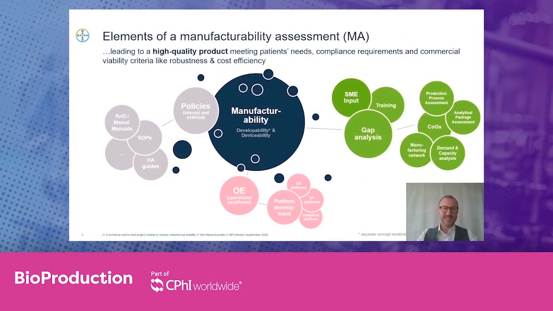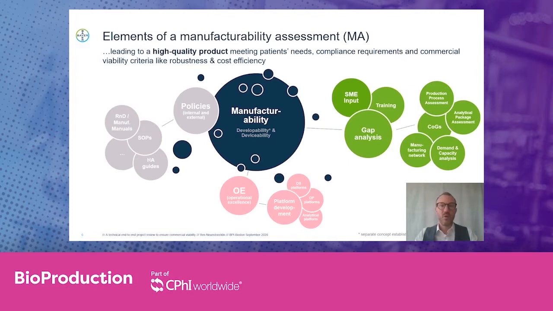First, let's think about the elements of such a manufacturability assessment. We all have internal and external policies like SOPs and health authority guidelines, or higher level business manuals for R&D and manufacturing. Those go together with operational excellence initiatives and the development and use of platforms.